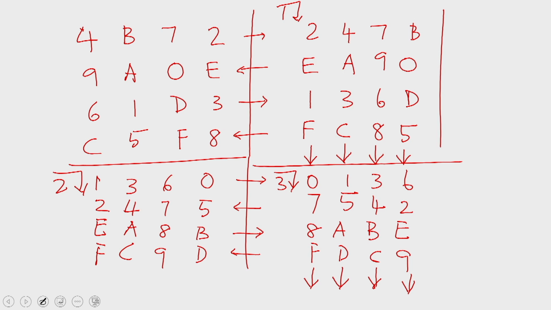Now, in the fourth step, we will sort the columns vertically. The first column therefore will be 0, 7, 8 and F. The second column will be 1, 5, A and D. The third column will be 3, 4, B and C, and the fourth column will be 2, 6, 9 and E.